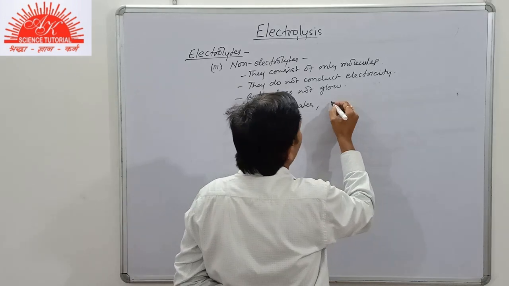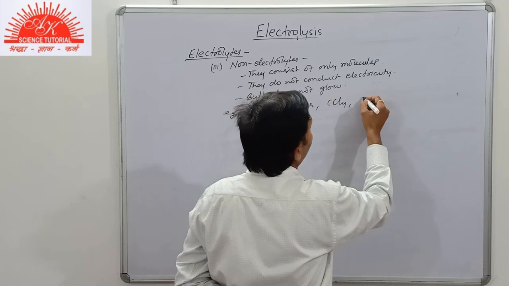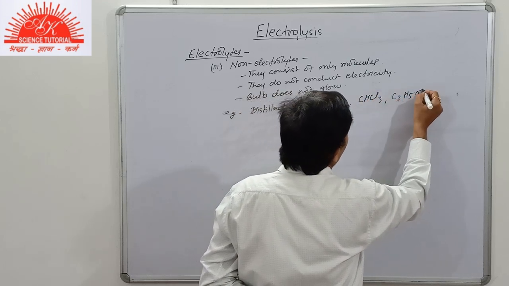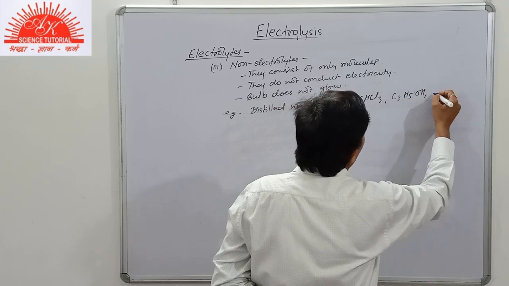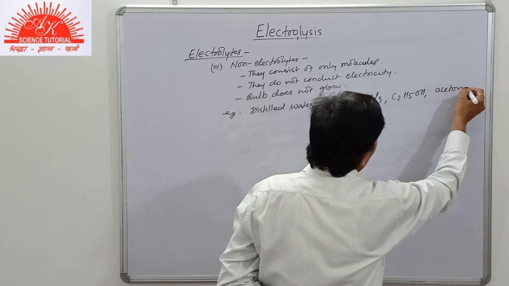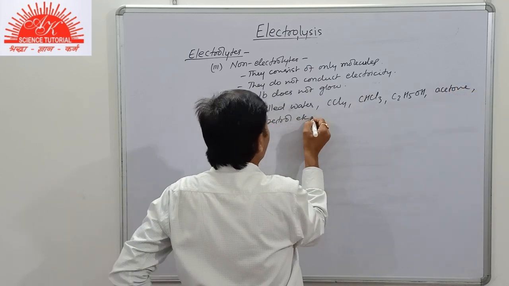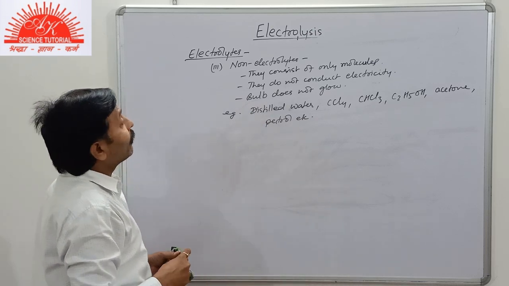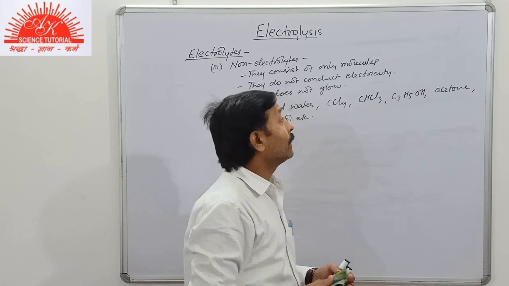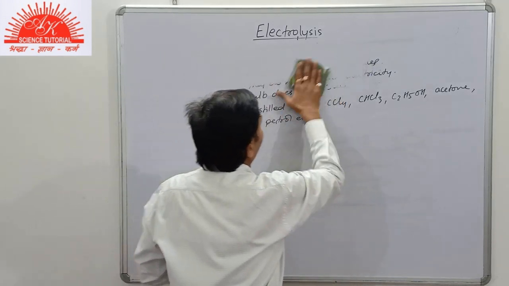Similarly, now we write here carbon tetrachloride, which is an organic solvent, chloroform, alcohol, benzene, acetone, petrol, etc. So these were the different types of electrolytes. We have described the types of electrolytes used in the process of electrolysis.